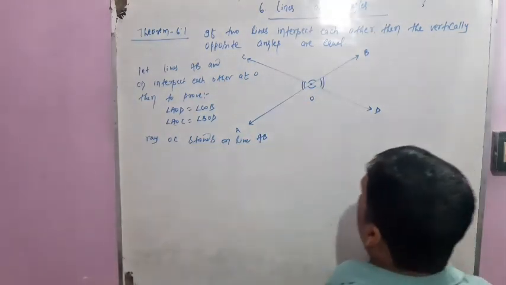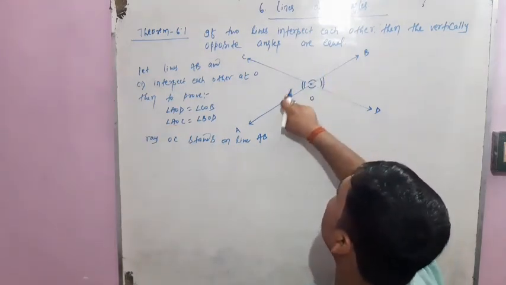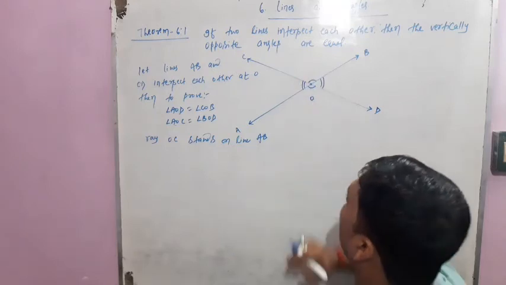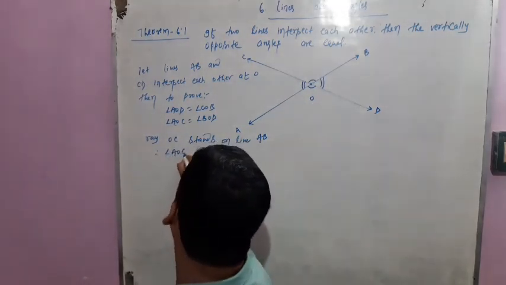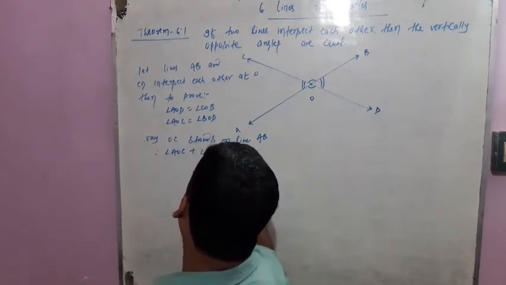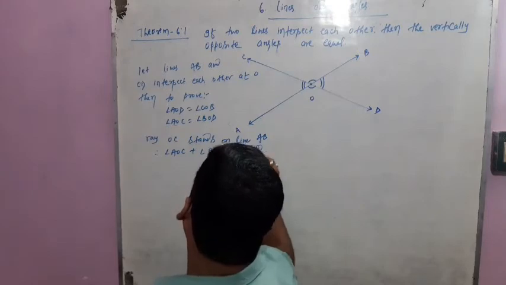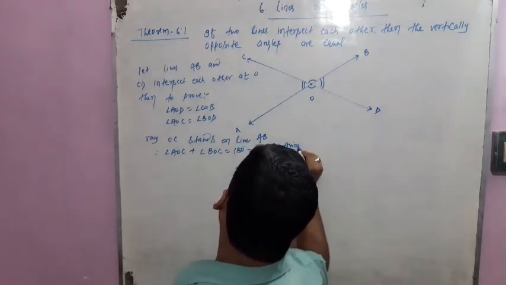As per the rule of theorem 6.1, both of these are adjacent angles, so the sum of these two angles is 180 degrees. Therefore, angle AOC plus angle BOC is equal to 180 degrees. Let this be equation first, by axiom 6.1.